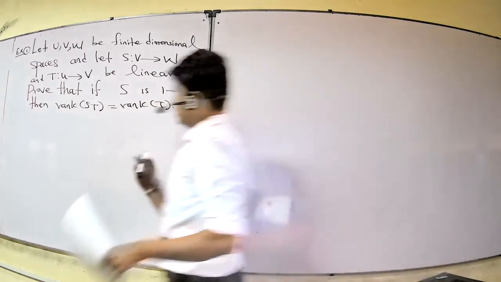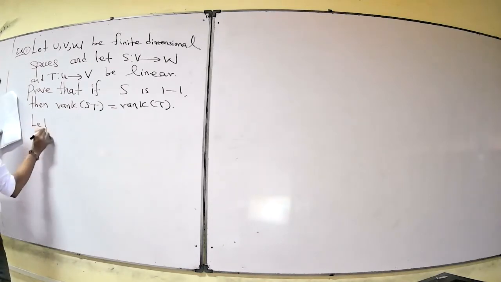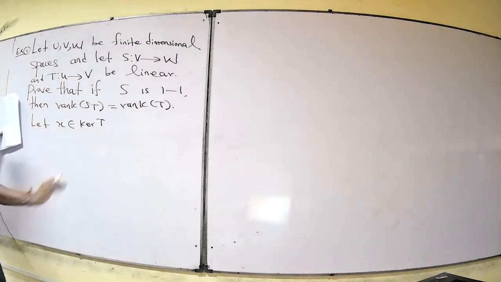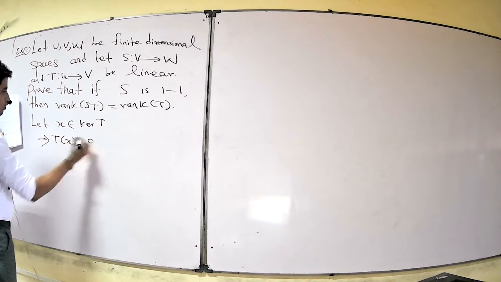Let x belong to kernel of T. Then T of x equals 0_V.